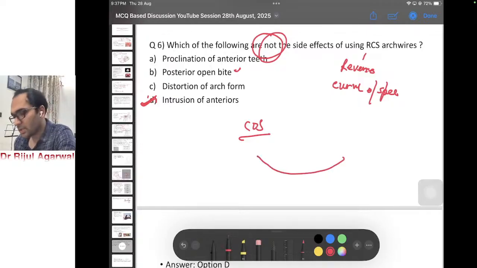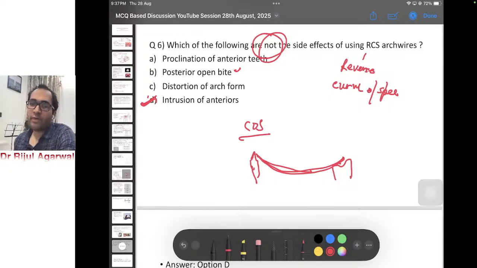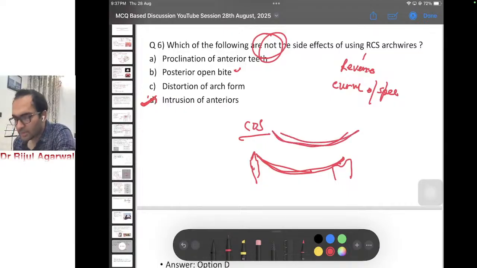It's like this in the lower arch. The anteriors are at this level, the posteriors are there. Okay, so what is the purpose of reverse curve of Spee arch wire? Likewise in the upper arch it is like this when you are viewing it from the buccal aspect, sideward aspect.